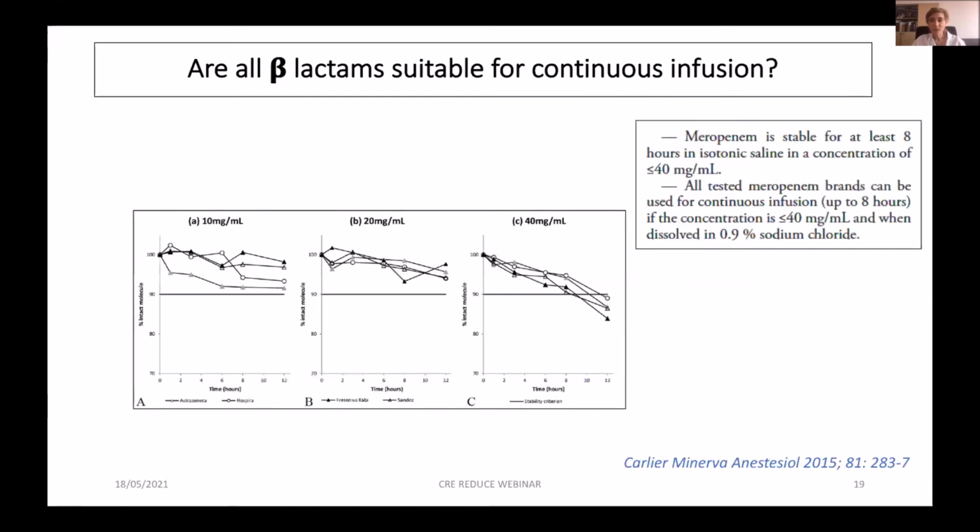But just as a reminder, if you use continuous infusions, of course, you need to verify that the drug is stable for this mode of administration. And for meropenem, we have stability data showing that 8-hour infusions are acceptable for clinical practice.